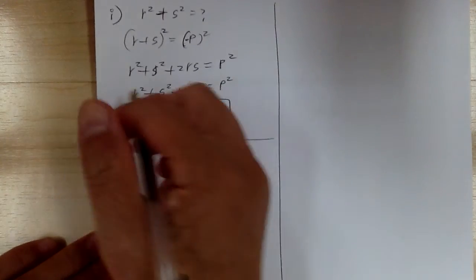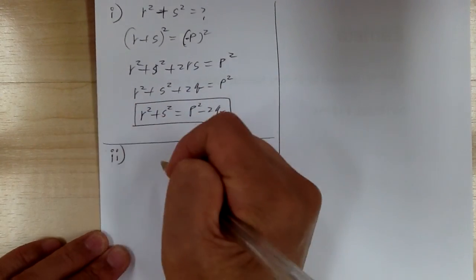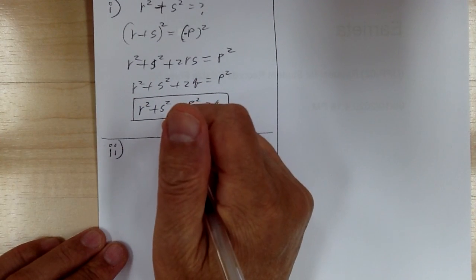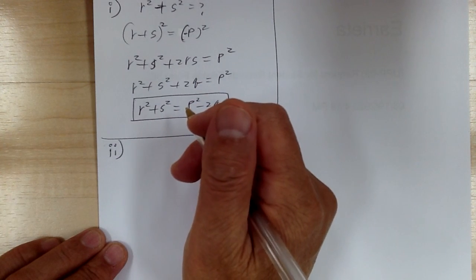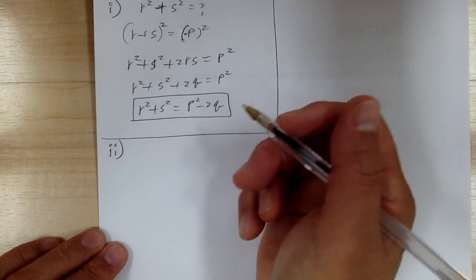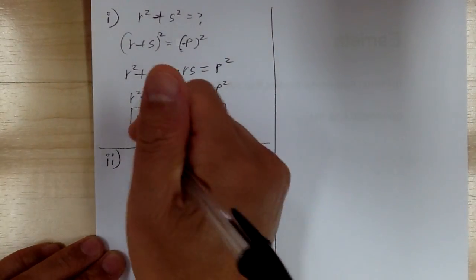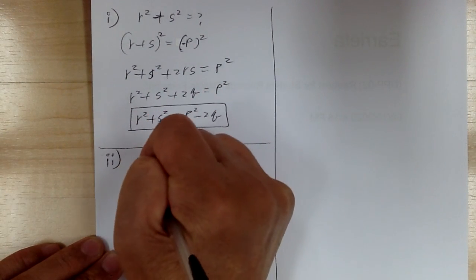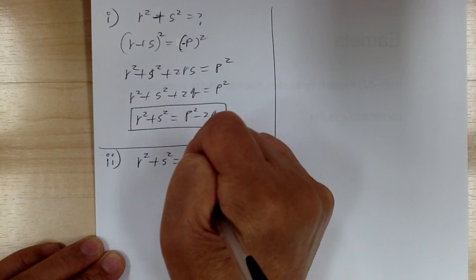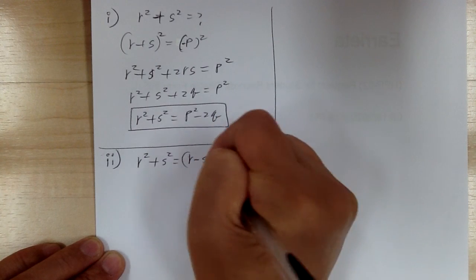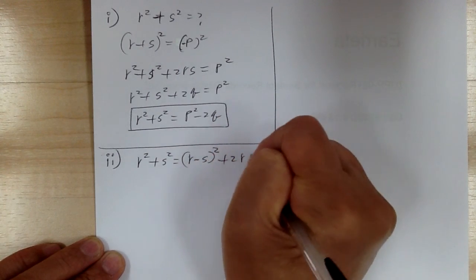And so let's do the second one. Second one, you're looking for r minus s. So you can remember r squared plus s squared is equal to r minus s squared plus 2rs.